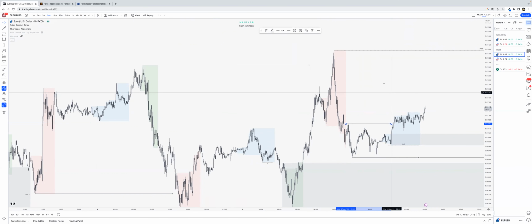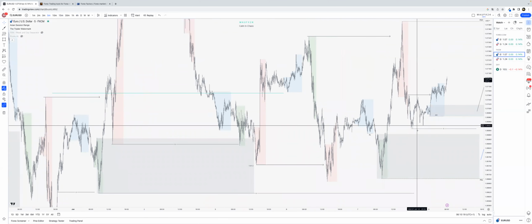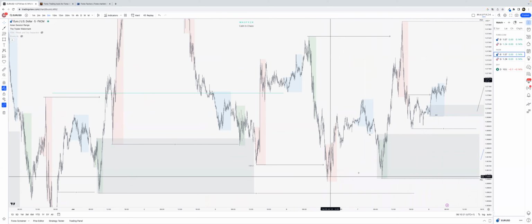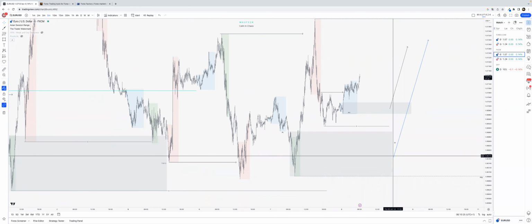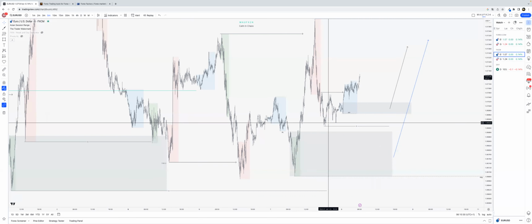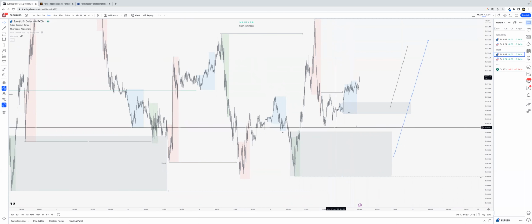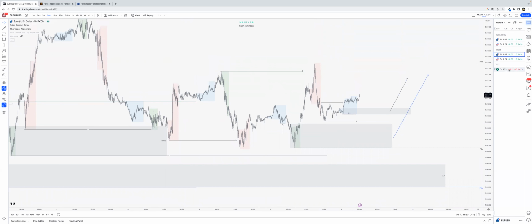There we go. And essentially this looks just like this. So relative equals here, relative equals here. So that's why this area is high probability, because then you eliminate the chance of getting taken out by equal lows or relative equal lows. So yeah. So that's for EU.